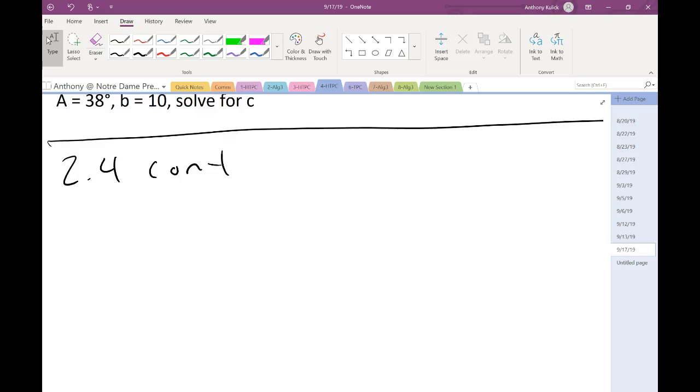So the last thing that we had talked about in section 2.4 was how we can write angles of any size by embedding them inside of the xy axis.